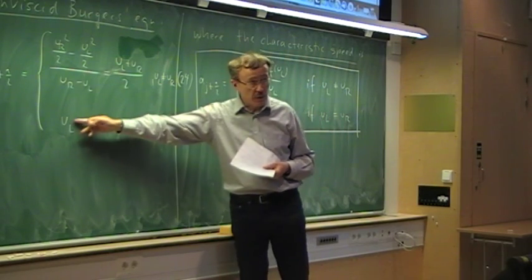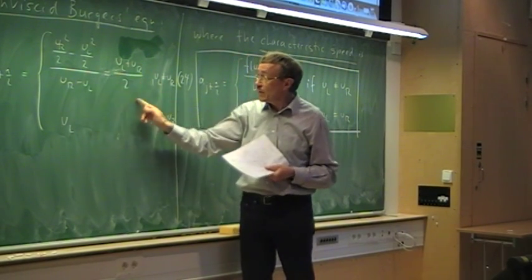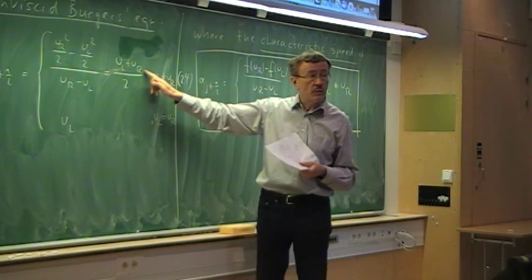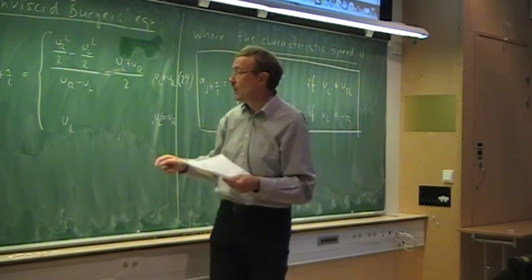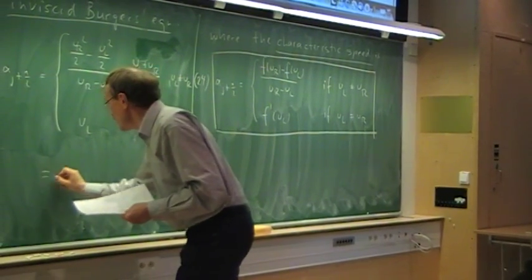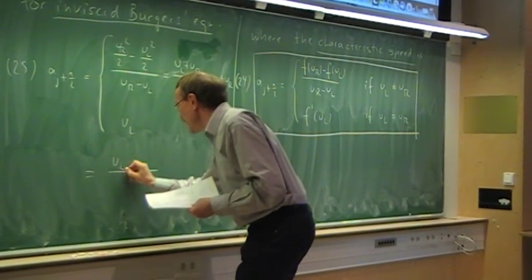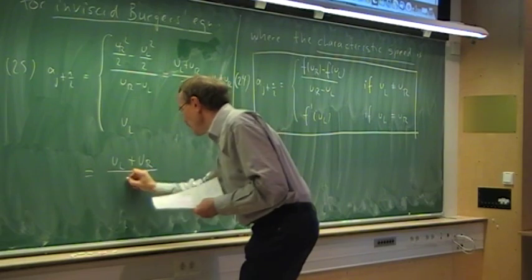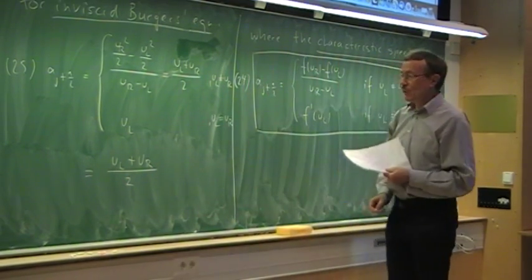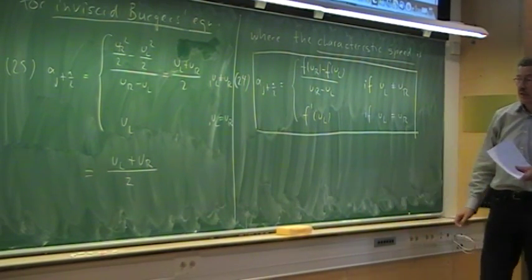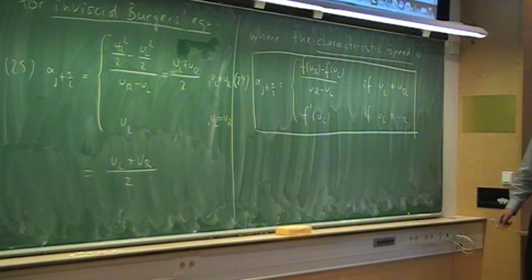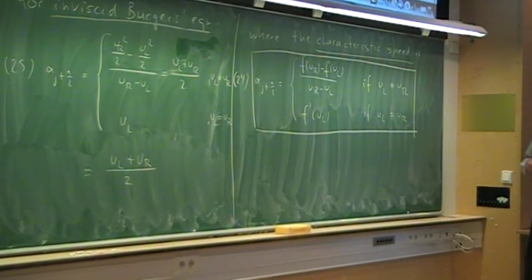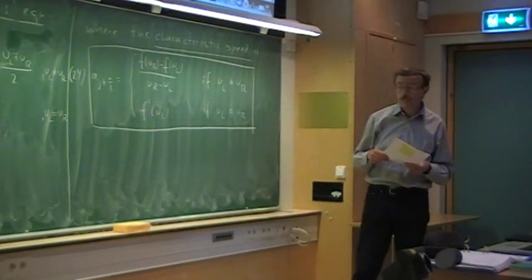So we get this result. So this result here is valid even if UL is equal to UR. So we can use this result, and we don't need an if statement. So that is equal to (UL plus UR) over 2. No matter whether UL and UR are different or equal, we get this result. So that is the characteristic speed. A very simple result, simply the arithmetic mean.